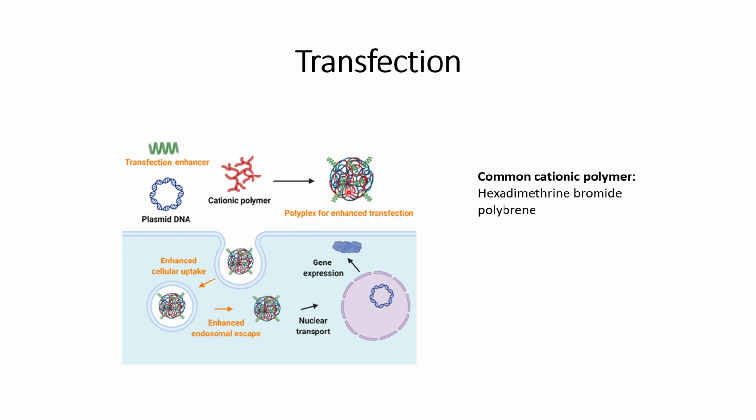One of the papers has worked on this kind of enhancer, and here we can see that if the cellular uptake increases, it will then go through the usual process that we have already discussed in the previous figure: nuclear transport and then gene expression.